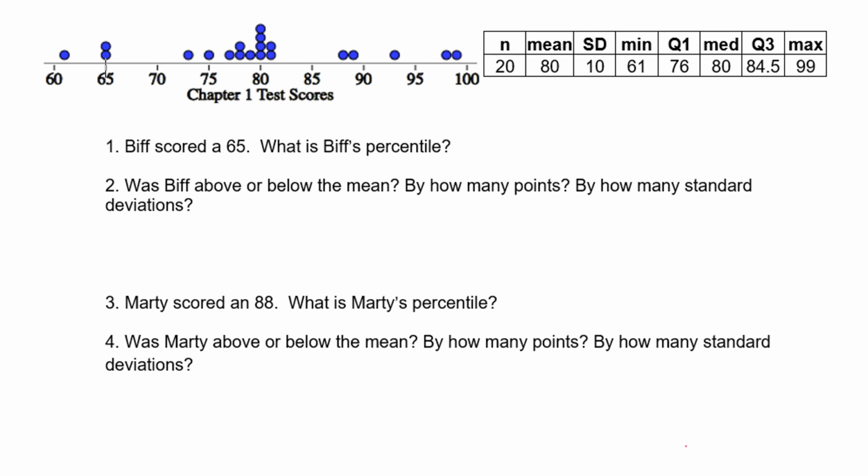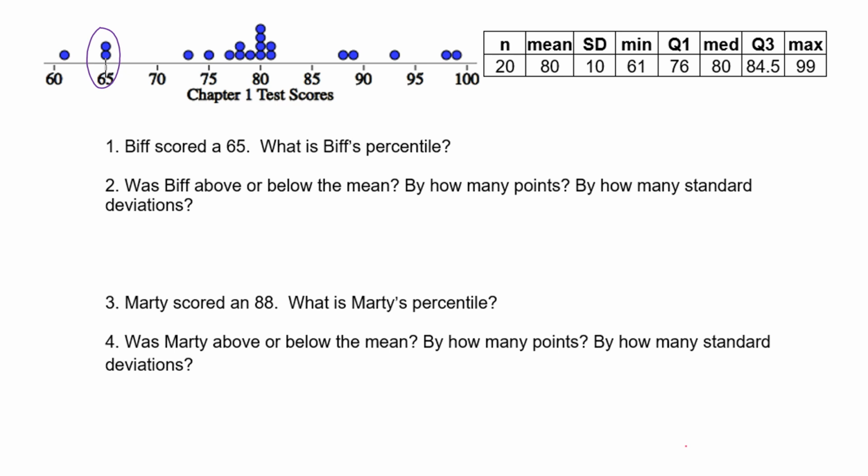All right, so I'm going to say that you have hopefully worked on this on your own. My handwriting is going to be atrocious, so we're going to work through this together, but just know I'm going to do my best. If Biff scored a 65, what is Biff's percentile? If you look at 65, there are 2 dots above 65, so Biff was one of those 2 scores.